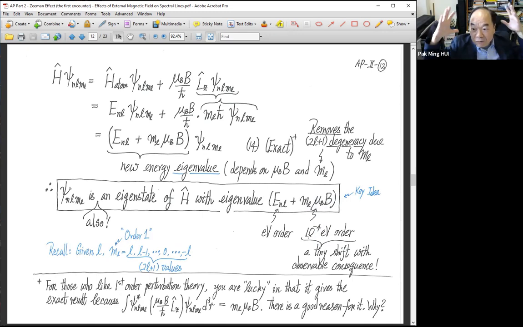That is the key physics to keep in mind, not the math. In the presence of a magnetic field, the originally degenerate states, due to the quantum number m, the L_z m, are now removed. This degenerate state will become non-degenerate, slightly different. Get the physics?